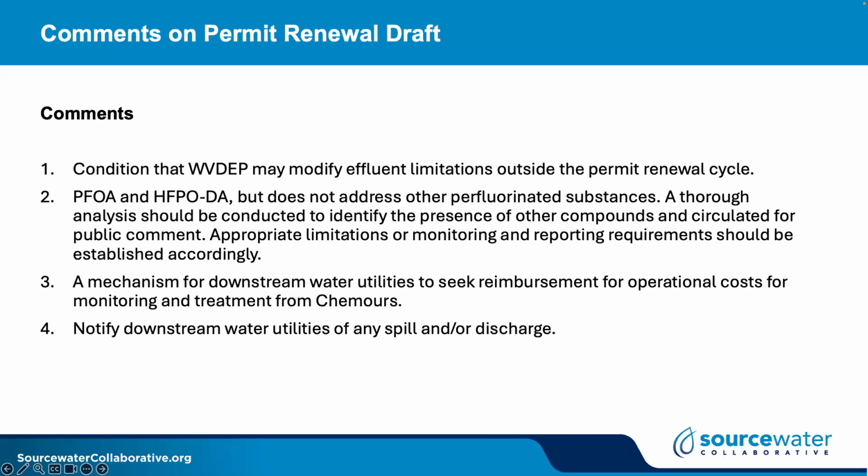So we requested to include a permit condition that also required the facility to immediately notify downstream water utilities, including our Huntington facility, if any of those situations were to occur. Or alternatively, you're probably familiar with the Ohio River Valley Water Sanitation Commission, ORSANCO. It's another avenue that we believe could potentially provide early notification to utilities.